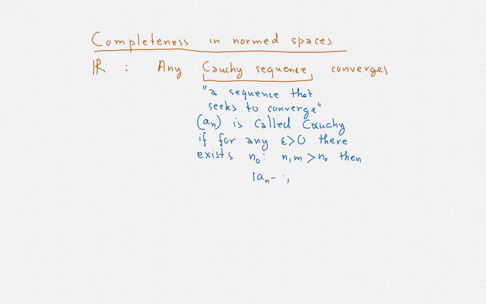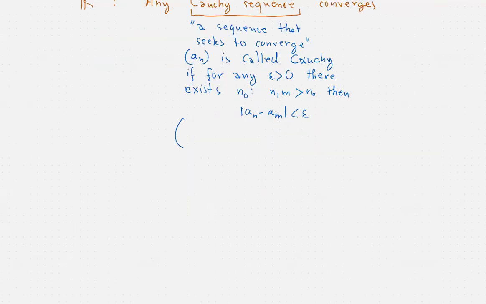Sometimes a simpler way to say this, but actually it requires exactly this further explanation, is that a_n is Cauchy if a_n - a_m tends to 0 as n, m tend to infinity.